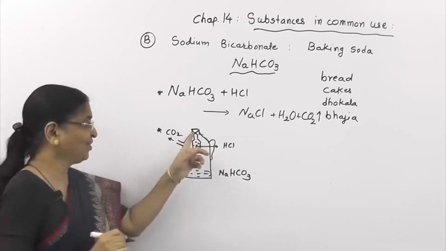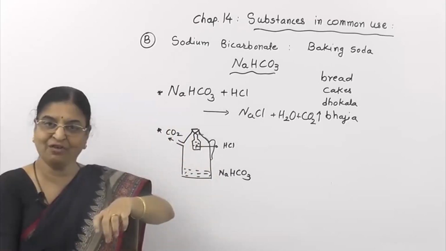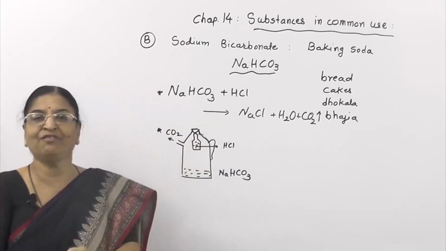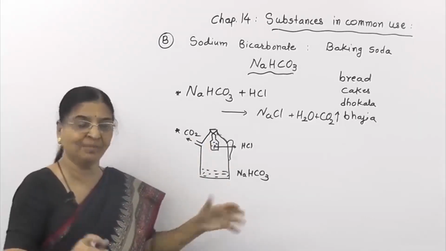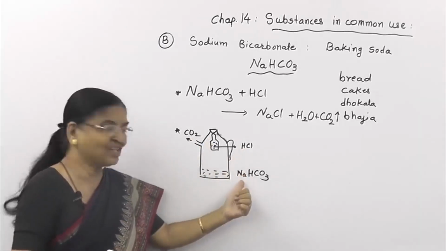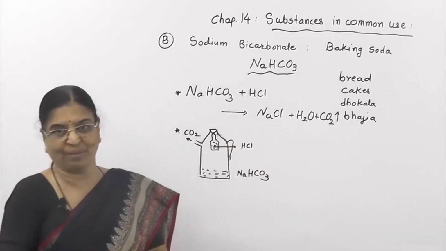See what happens? When we keep this fire extinguisher inverted and then we strike it, this bottle breaks down, HCl reacts with this baking soda and then CO2 is formed.